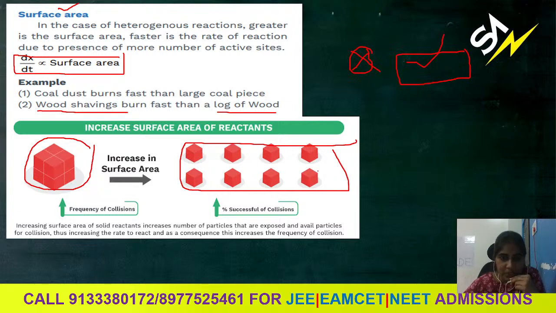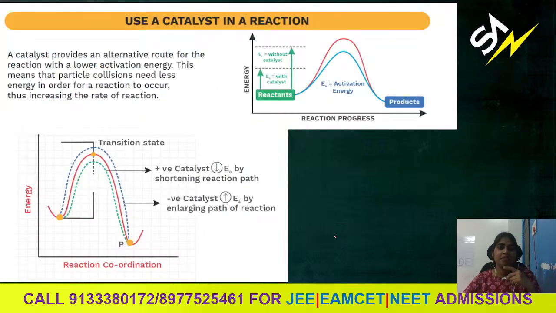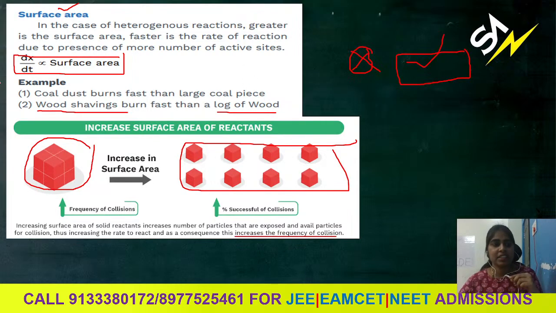So there will be more successful collisions here. Increasing surface area of solid reactants increases the number of particles that are exposed and available for collision, thus increasing the rate of reaction. As a consequence, it increases the frequency of collision, which is directly proportional to the rate of reaction.